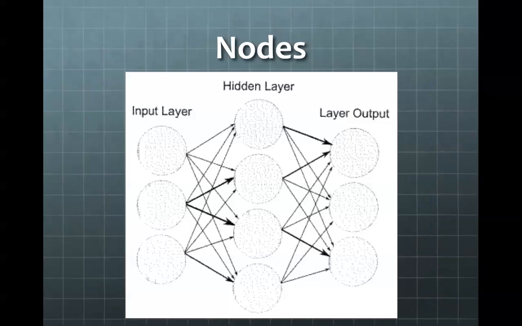Alrighty, moving on. ANNs feature a series of inputs and outputs, each connected by one or more layers of nodes. Each of these nodes is connected to one another, and the importance is established by its weight. So each of the circles here are nodes, and the arrows and lines between them represent their weight.